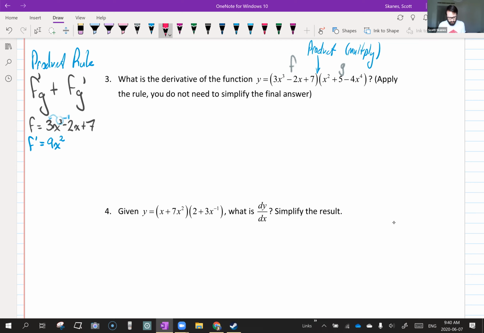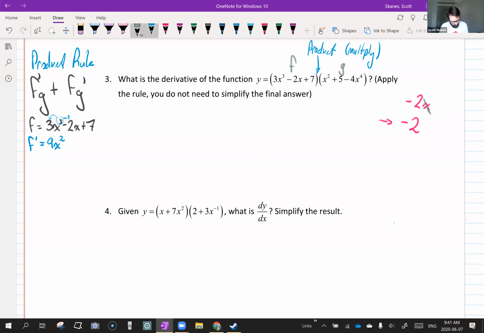I'll just make a note here. If you have negative 2x and you want the derivative, it's just negative 2. For reasons we said before. Essentially, it just deletes that x. And the reason for that is because it has a power of 1. A power of 1 would be reduced to 0, and the answer for anything to the power of 0 is just 1.